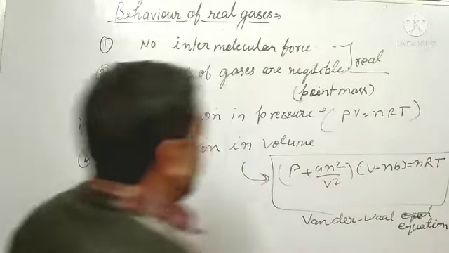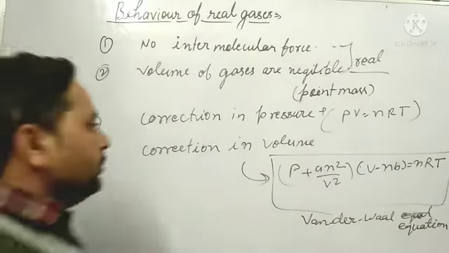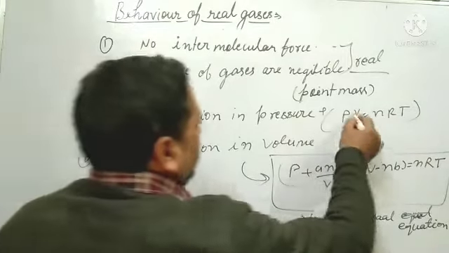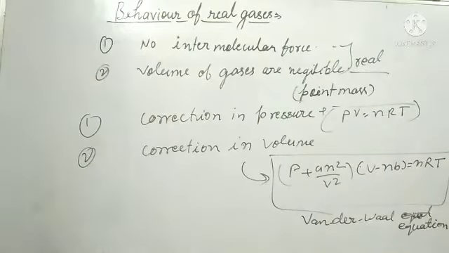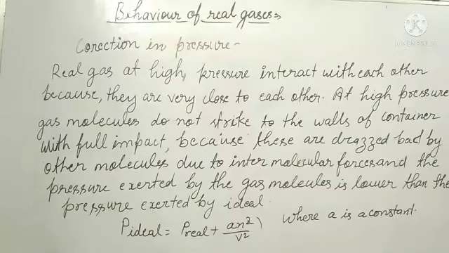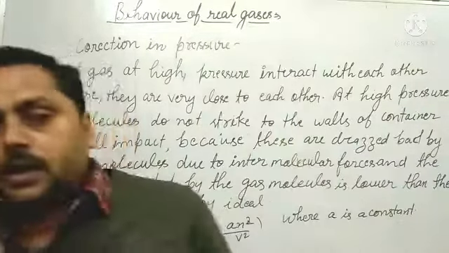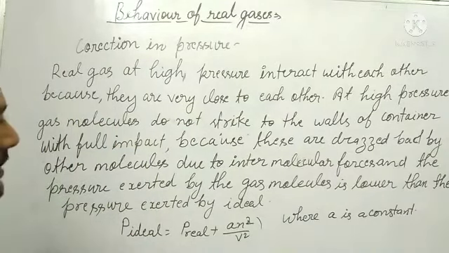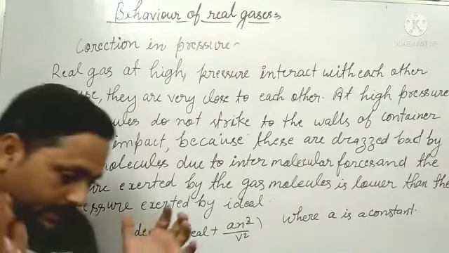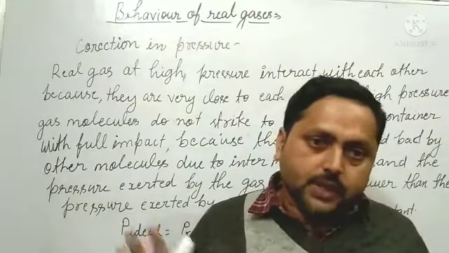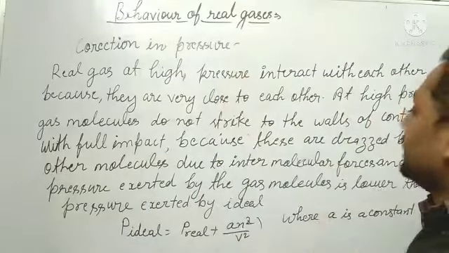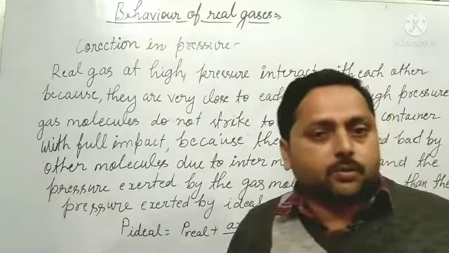Okay, children, let us see how these corrections were made in the gas equation PV = nRT. At high pressure, real gases interact with each other because they are very close to each other.